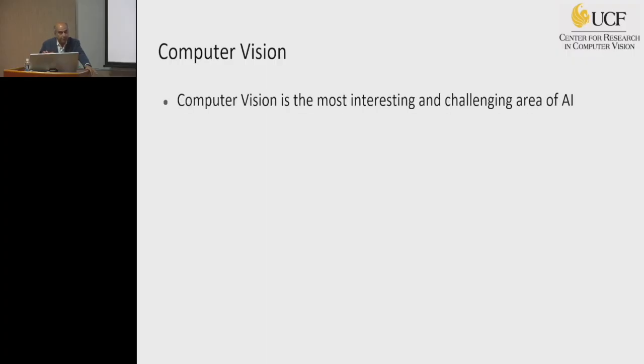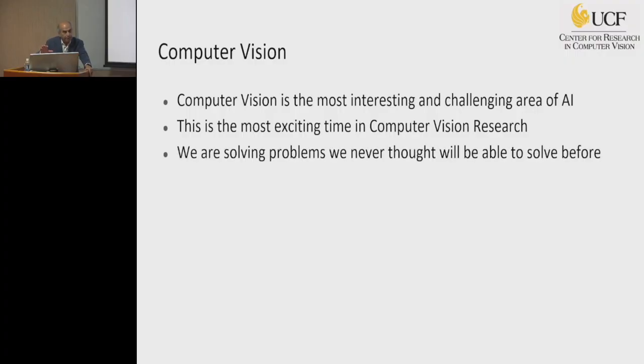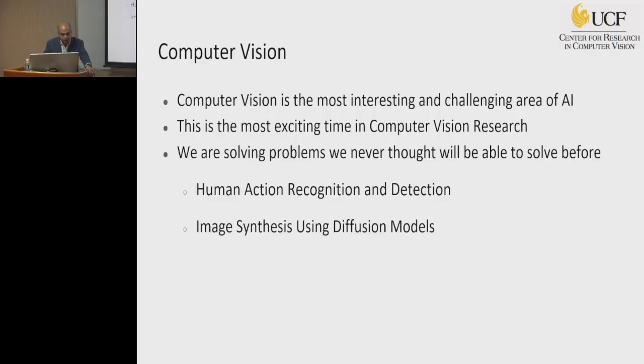Now my talk is on computer vision, and computer vision is the most important area of AI. That's why CVPR is ranked number 2 in all sciences after Nature. This is also the most exciting time for computer vision research because we are solving problems we never thought we'd be able to solve. Today I'm going to focus on 3 problems: human action recognition and detection, image synthesis using diffusion models, and visual language models.